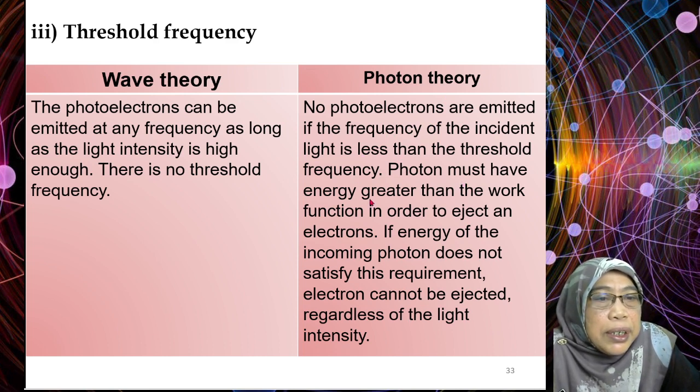Photon must have energy greater than the work function in order to eject an electron. If the energy of the incoming photon does not satisfy this requirement, then the electron cannot be ejected regardless of the light intensity. So photon theory said it does not depend on the intensity again for the threshold frequency.